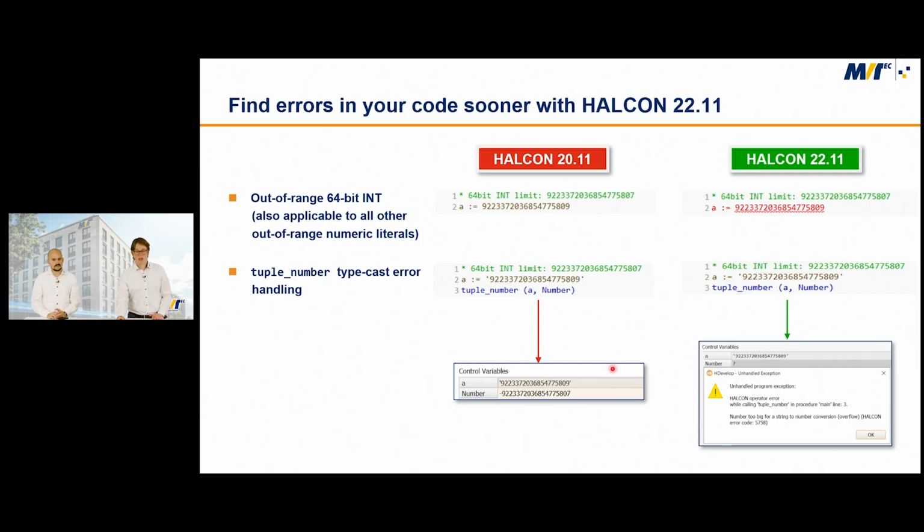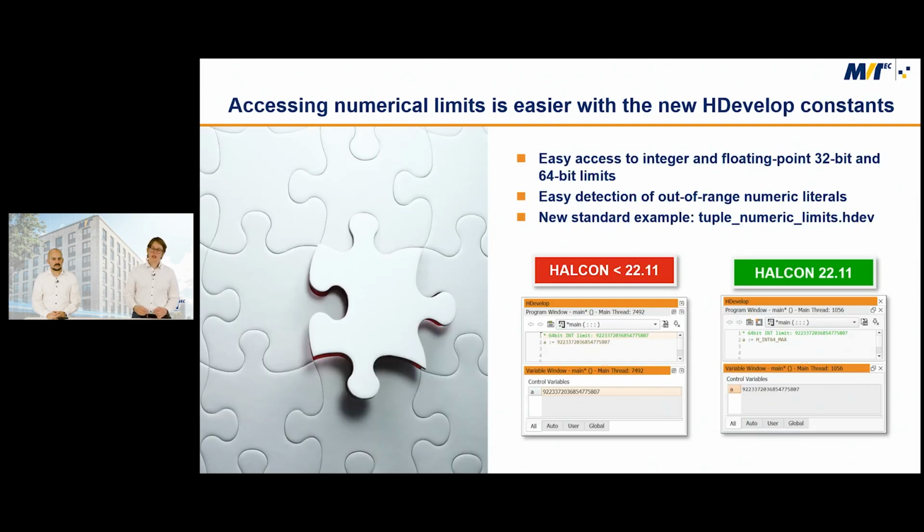You can see here it resulted in an overflow. Now, as it should be, an error is raised. To make this a little bit easier, and because all those constants and numerical limits are pretty hard to remember, we have also now introduced them as HDevelop constants.